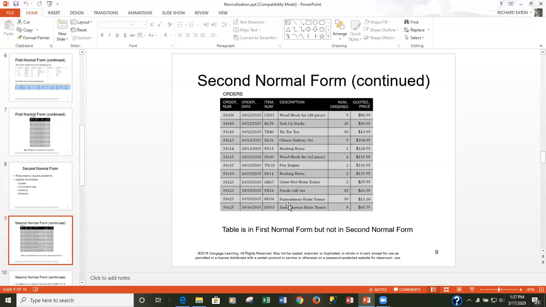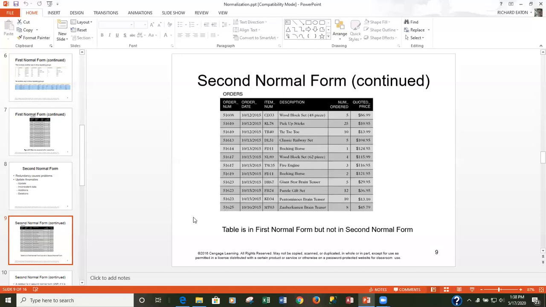And then what would happen if your boss comes to you and says, you're the database administrator, we're changing the name Zauber Katzen brain teaser to just brain teaser or something else. And you would have to find every occurrence, whether it was spelled correctly or incorrectly, and write some kind of an update query to update all those occurrences.